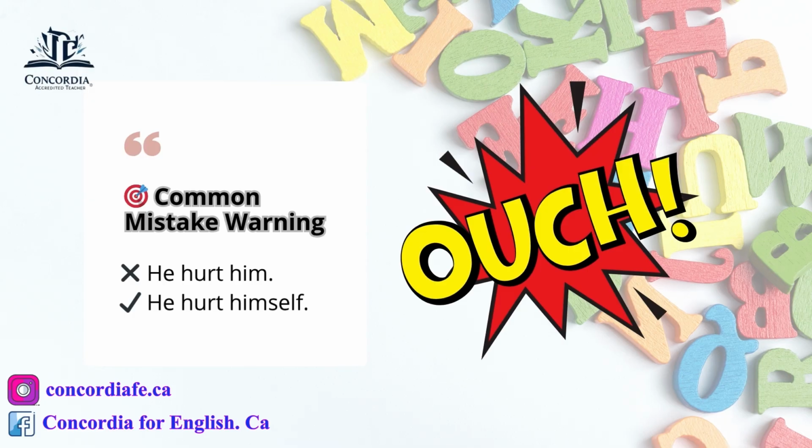But when it comes to reflexive pronouns, he heard him is incorrect. Why? Because you remember what I told you, that a reflexive pronoun reflects the subject back to itself. So it should be he hurt himself.